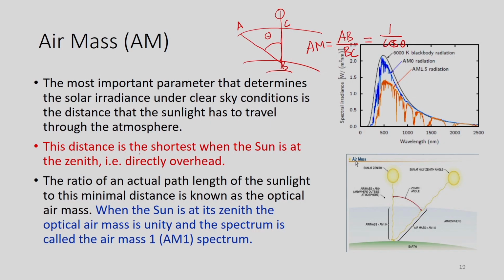So, the distance is the shortest when the sun is at the zenith and is directly overhead, as we understand from this figure, and the ratio of the actual path length of the sunlight to the minimal distance is known as the optical mass, what we have defined here.